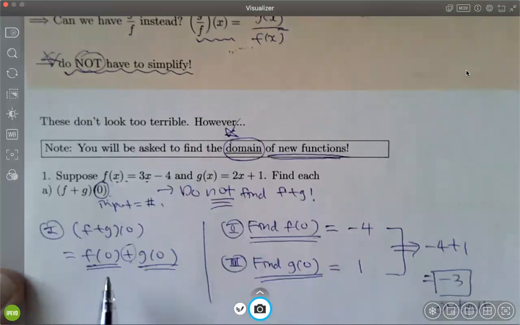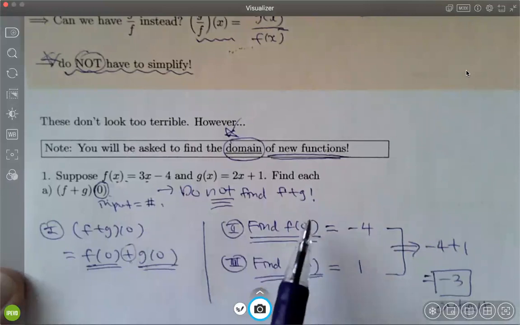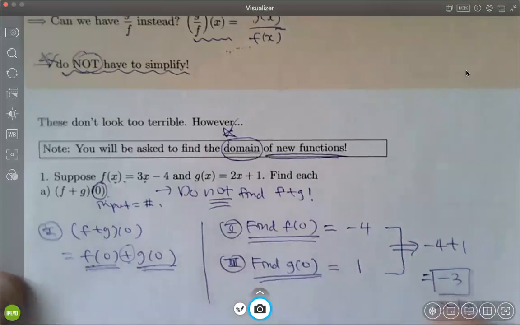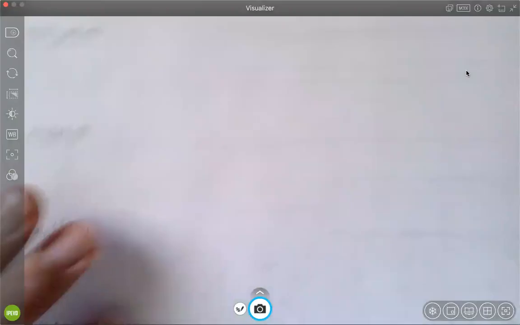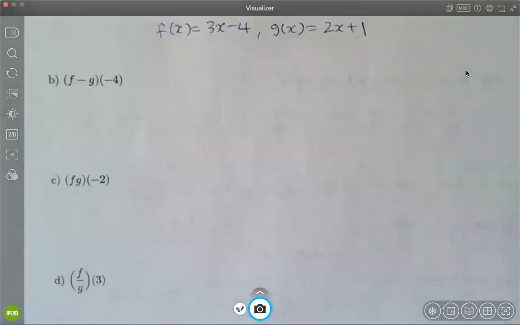Remember, in part A, the input x value was a number, so we don't have to find the new function. We just use the definition: plug 0 into f and g and then add at the end. We will use the same strategy as long as the input is a number, which is the case for the next 3 parts.